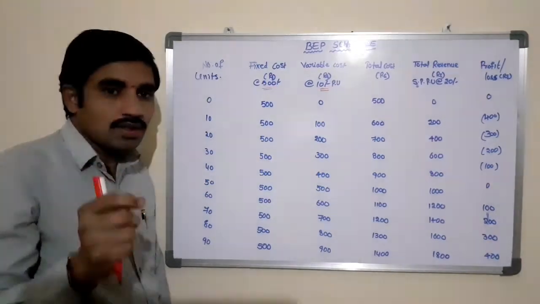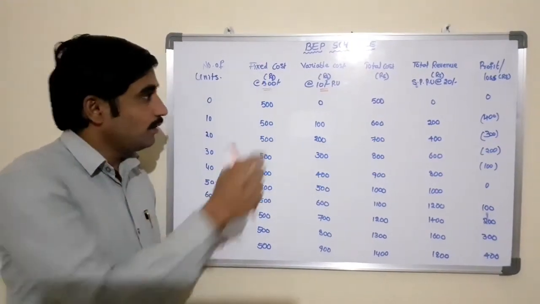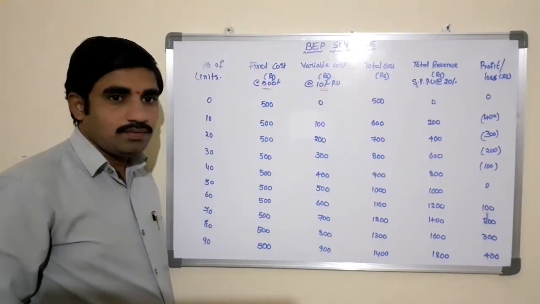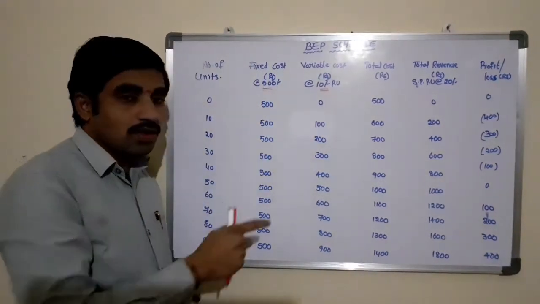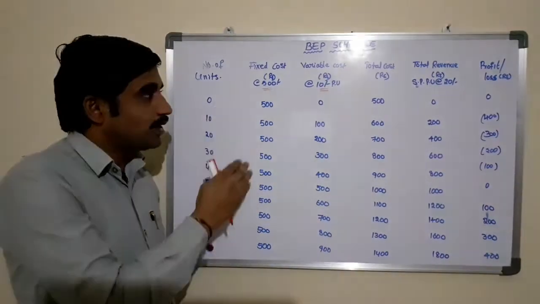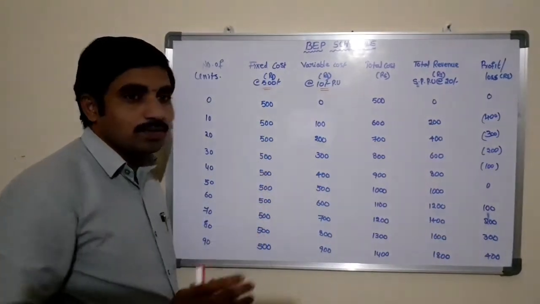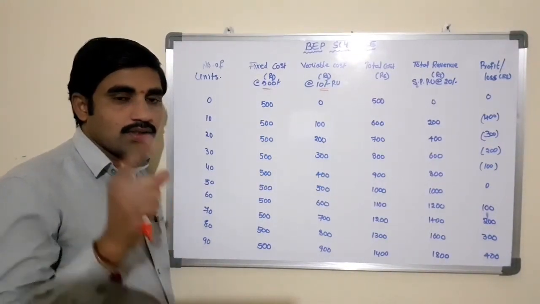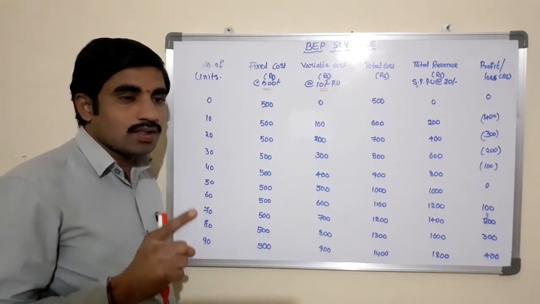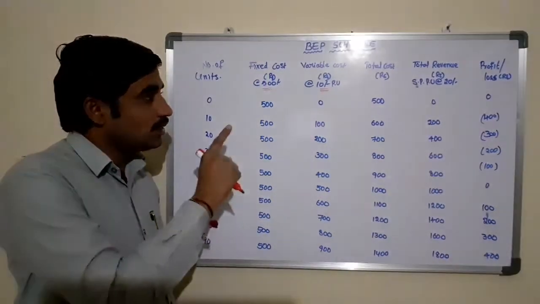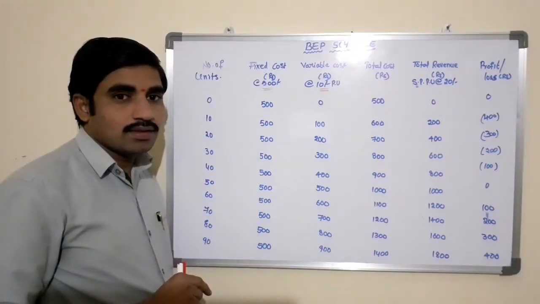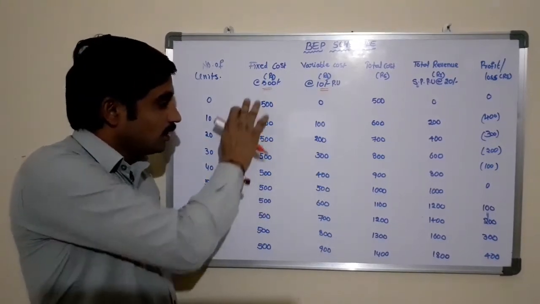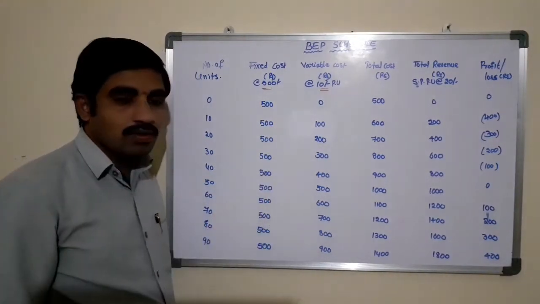If the cost is not possible to classify into fixed and variable cost, it is not possible to determine the break-even point by using the break-even analysis concept.